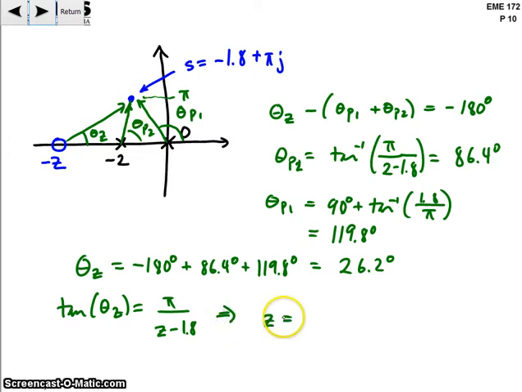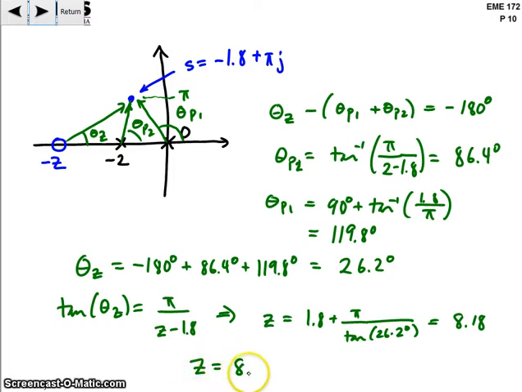So I get z is equal to 1.8 plus pi over the tangent of 26.2 degrees, and so I get 8.18. So I'm going to place the 0 at 8.18. Okay, so that's the first part of the answer to this problem.